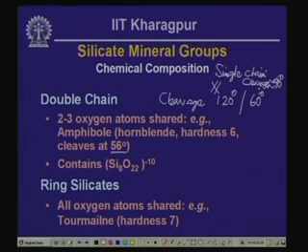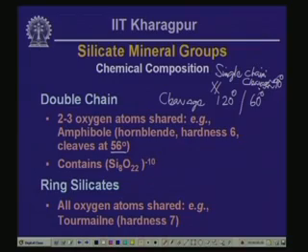So, single chain minerals, if you break them apart, you are going to get almost orthogonal cleavage planes, but in case of double chain you will have cleavage planes that are oriented with respect to each other at 120° or 60° angles.